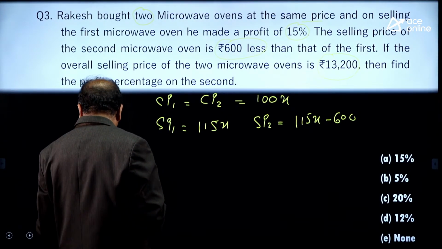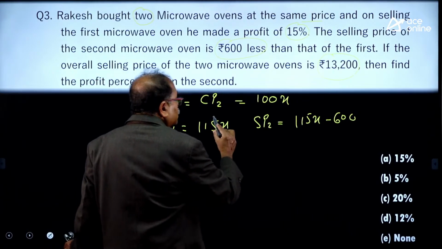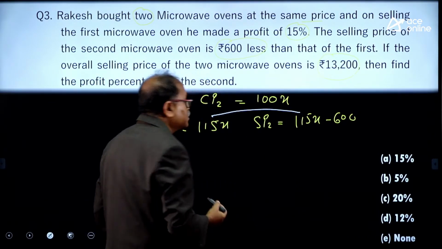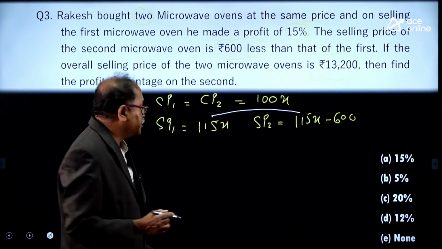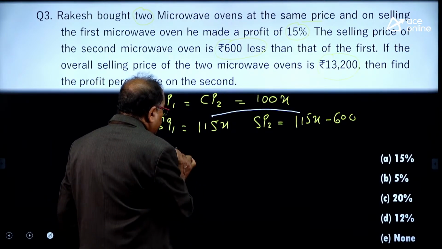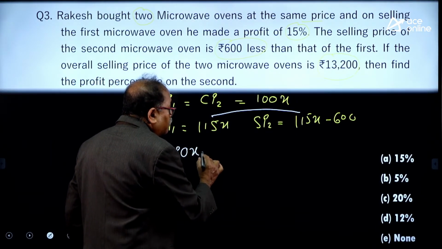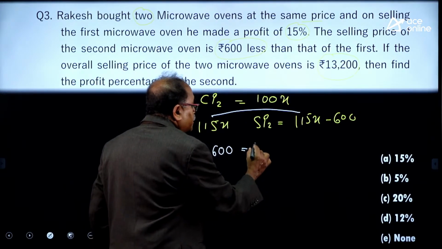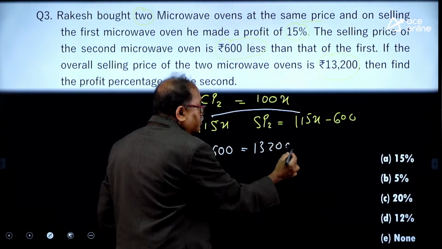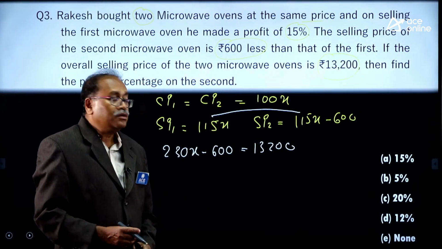So, the overall selling price is given to us. This overall selling price is 230x minus 600, which is equal to 13,200. Done.